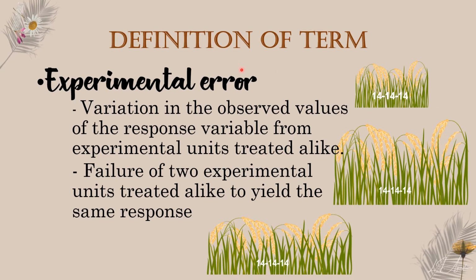Another definition: experimental error. It is the variation in the observed values of the response variable from experimental units treated alike. So I will say that there is an experimental error. For example, this is the fertilizer 14-14-14 NPK. Given a controlled environment, I have given them the same treatment.